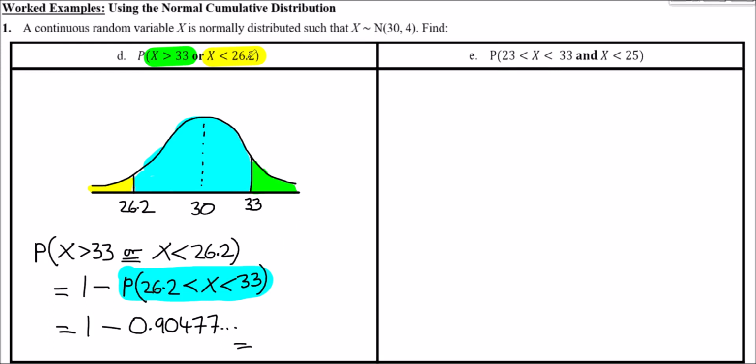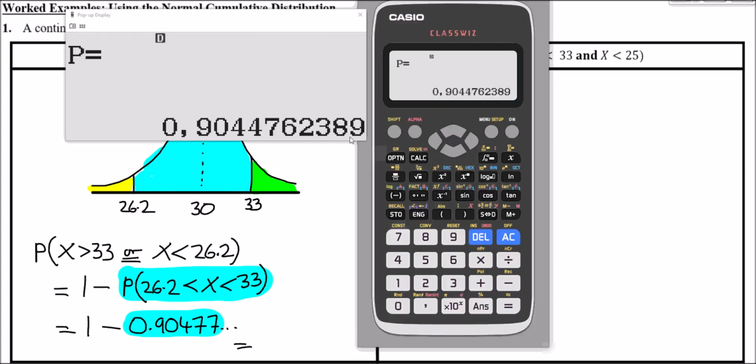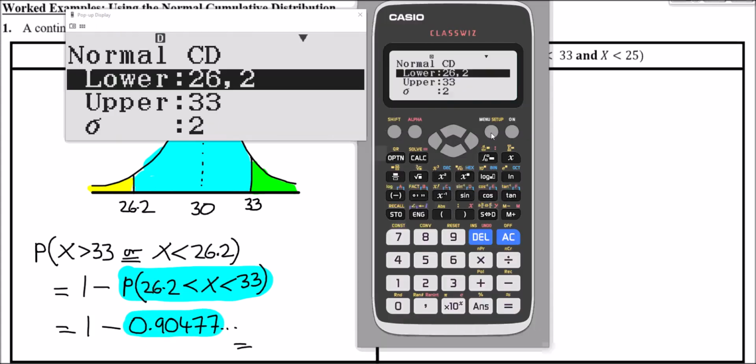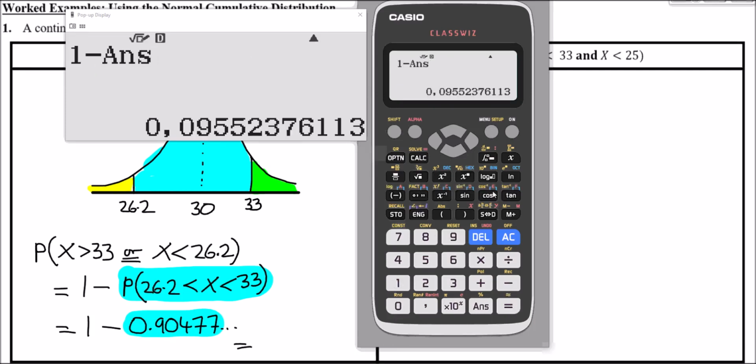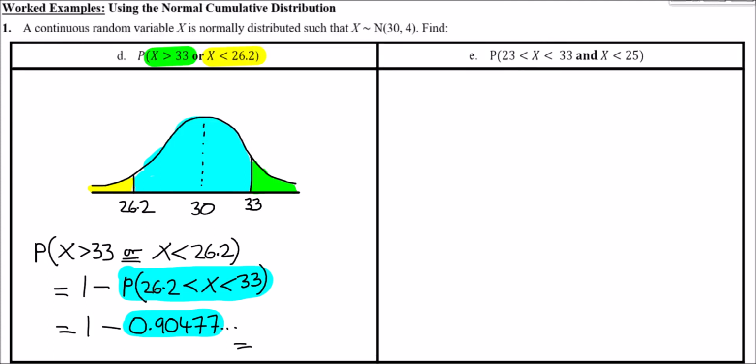And that will give me the required value. So if I store this value in the calculator, go to menu 1, 1 minus that stored answer gives me 0.0955.